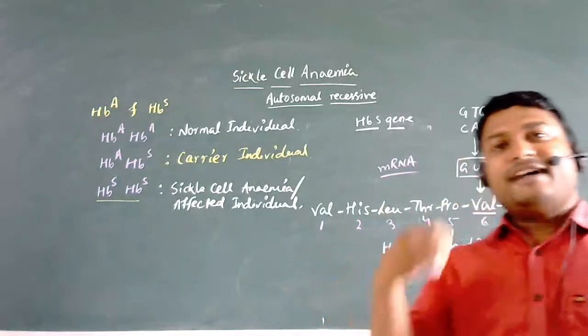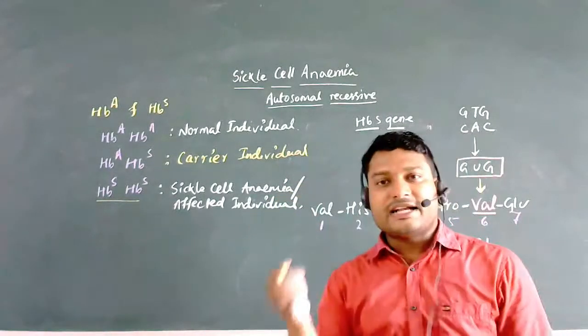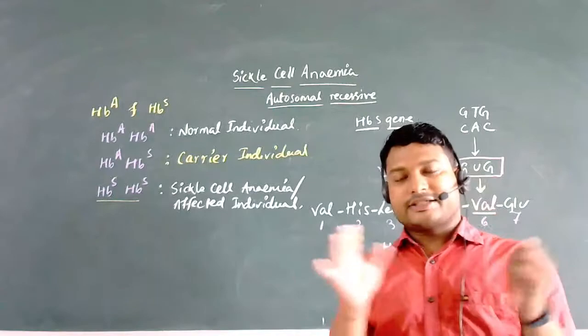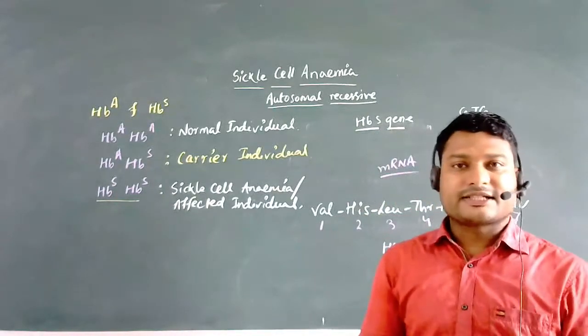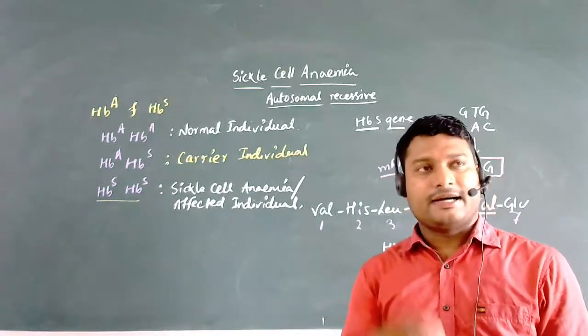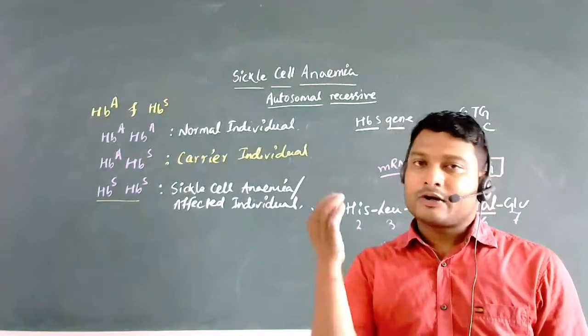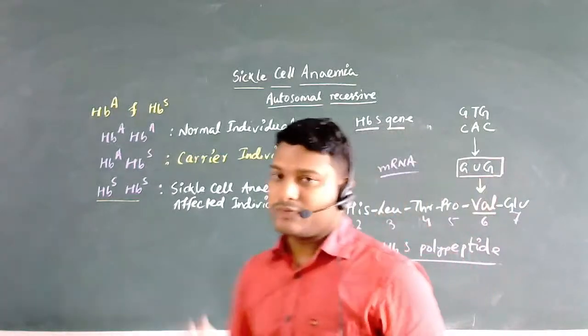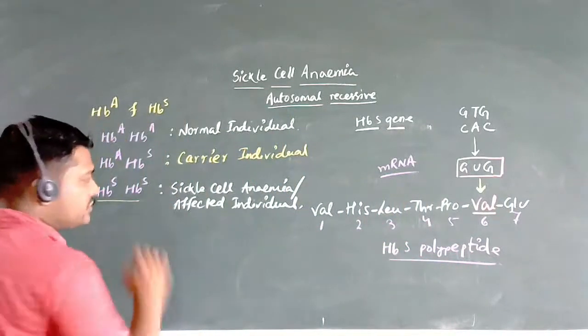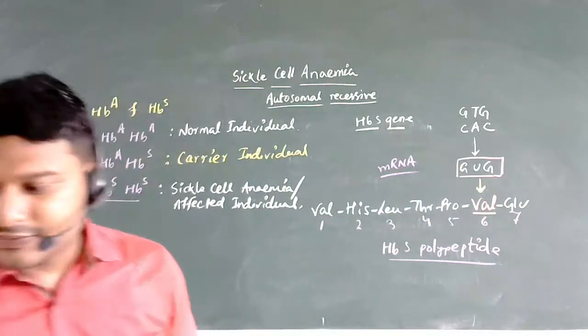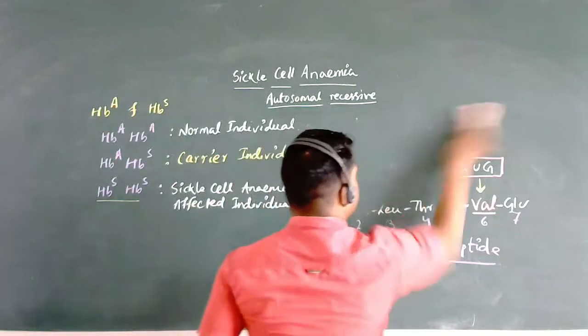Now if they ask you the inheritance pattern, they will ask a very simple question: what do you understand by sickle cell anemia, or what happens in sickle cell anemia, and explain the inheritance pattern with the help of a cross. A 3 mark question will come, so what do you have to do? First you put this one, and after that let us put the pattern.